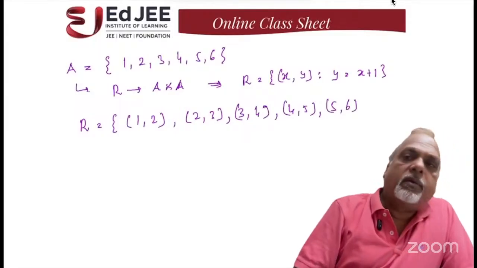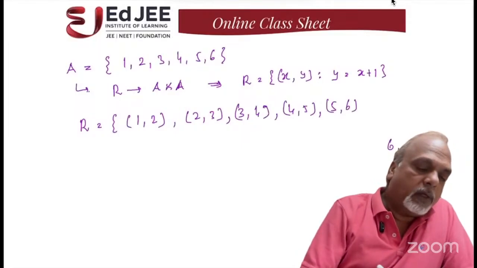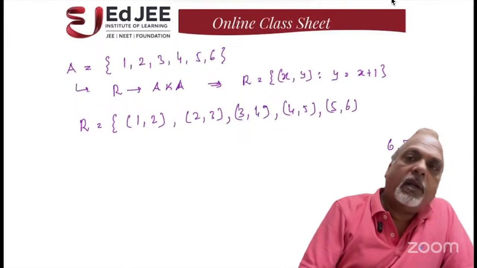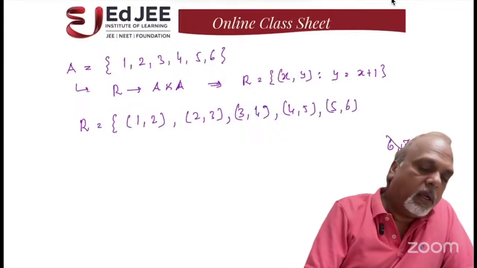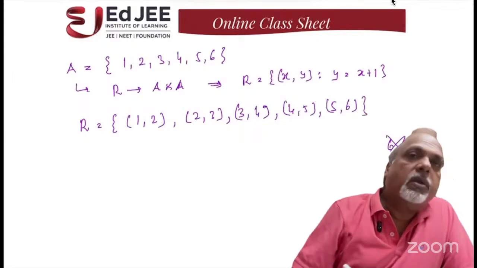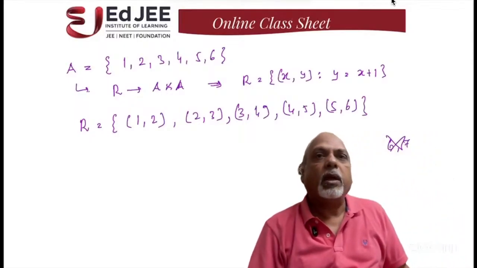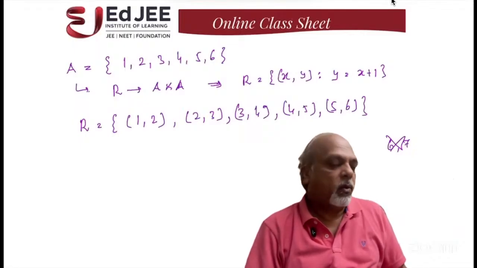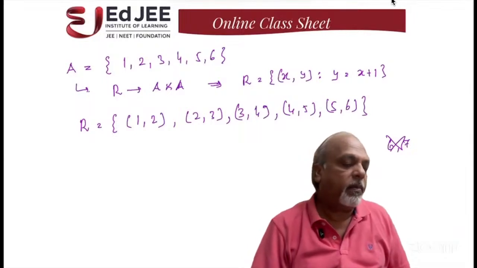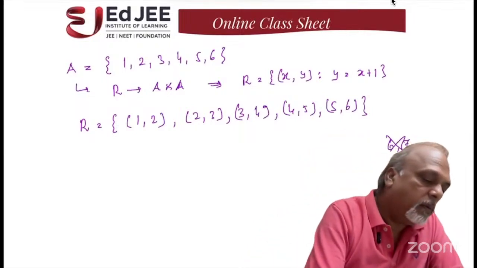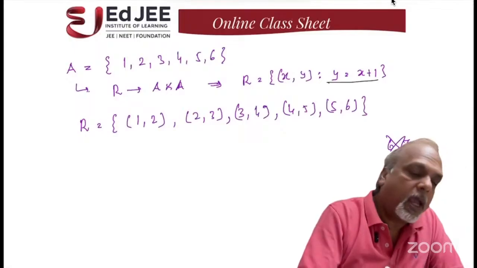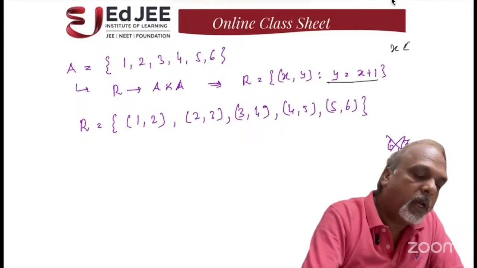We cannot take 6 as a first element because then it will be 7, but 7 does not belong to A. So by definition of the relation, this is your relation R, where the first element and second element bear the relationship, and x belongs to A and y also belongs to A.